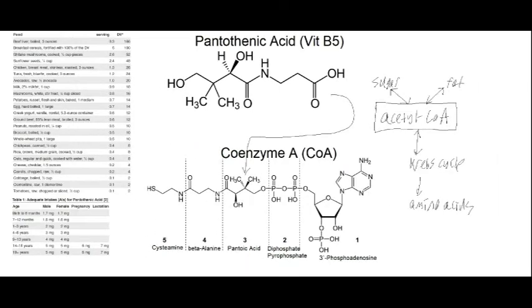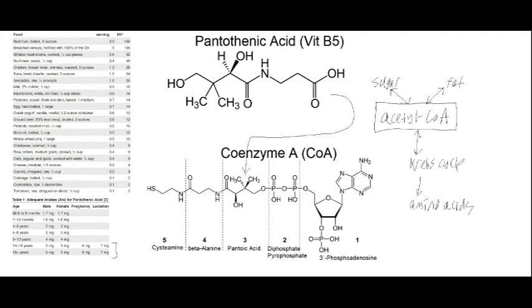Once again, I have the food sources here and the RDA. The RDA we're looking at here is about 5 milligrams. You can get quite a bit of it from beef liver, cereals, shiitake mushrooms, sunflower seeds, chicken, tuna, and avocados.